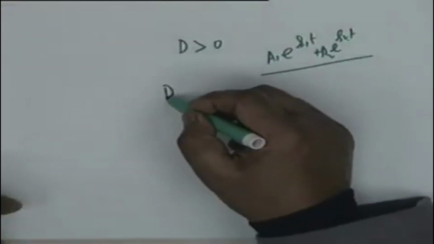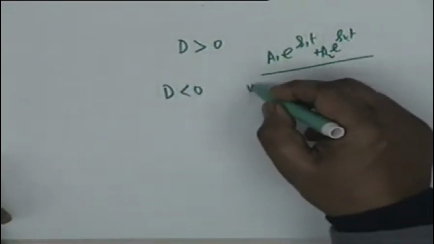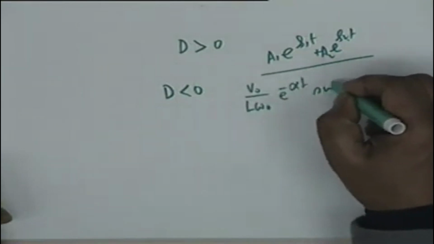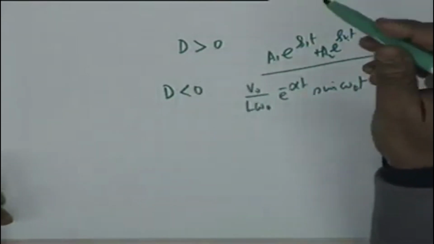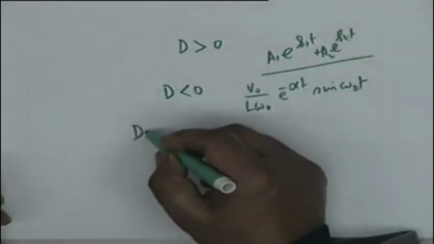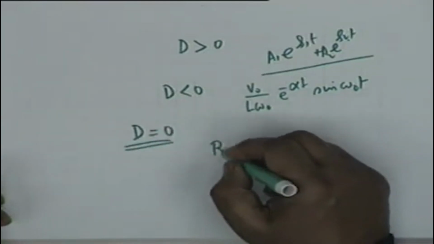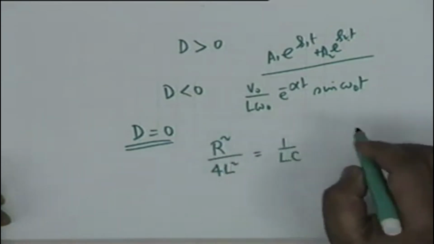On the other hand, if D is less than 0, then we have oscillations. We have V0 by L omega 0 e to the minus alpha t sine of omega 0 t. The borderline between these two, or the transition case, which happens at D equal to 0, occurs obviously when R squared by 4L squared is equal to 1 over LC.